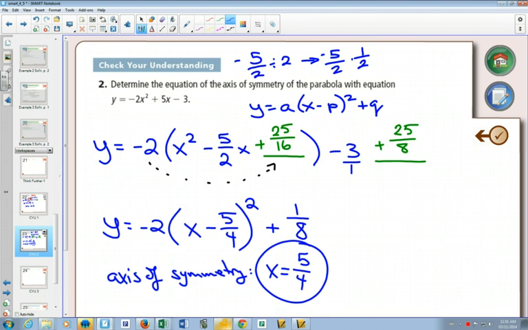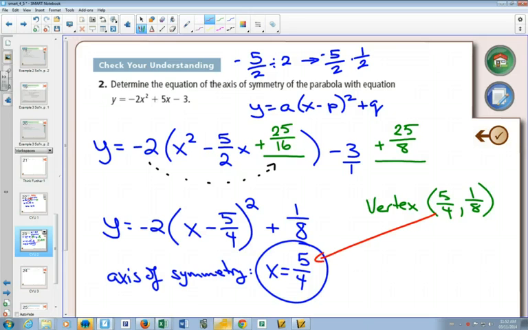And here we would have our axis of symmetry being x equals 5/4. And it would be positive because, again, if you think of your vertex, it's always the opposite of the sign here. So it would be 5/4, 1/8. And then your axis of symmetry, these two numbers are always the same.